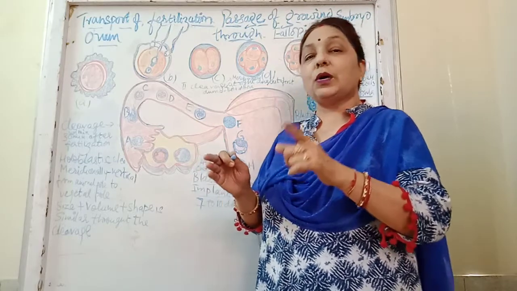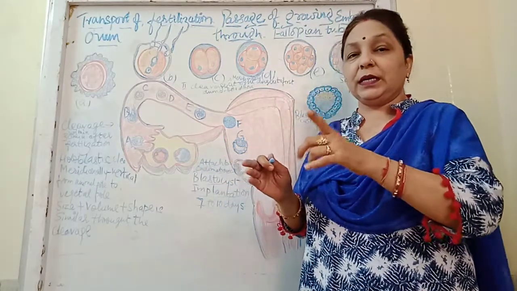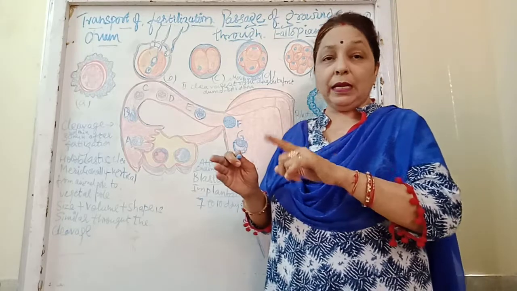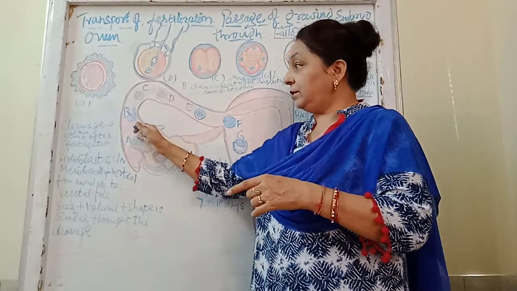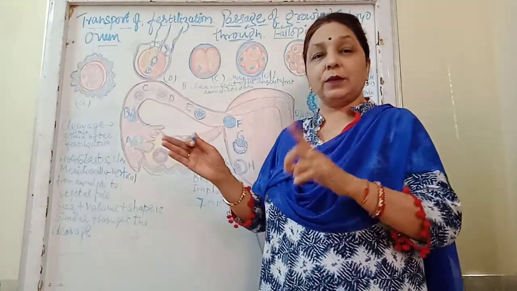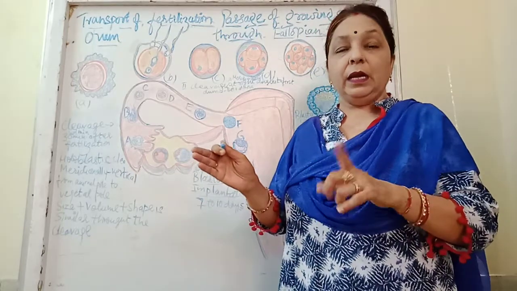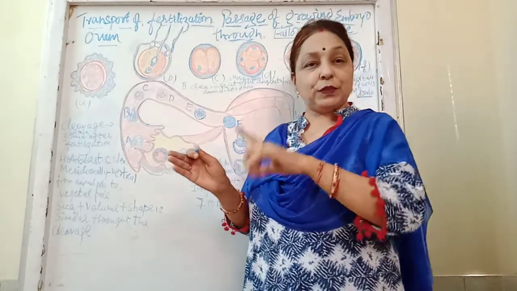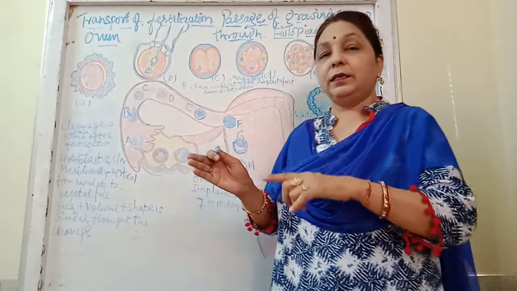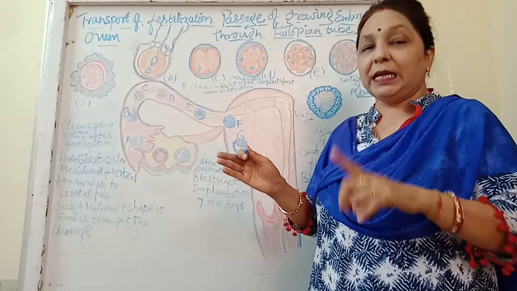So when the X of the female fuses with the X of the male, the zygote will be a female, and when the X of the female fuses with the Y of the male, the fetus will be a male child.